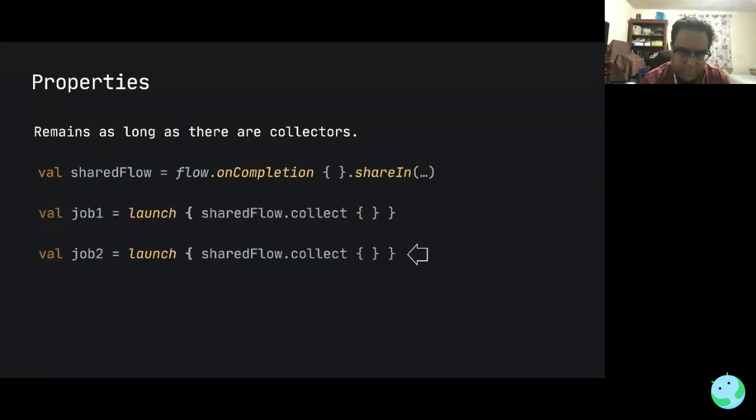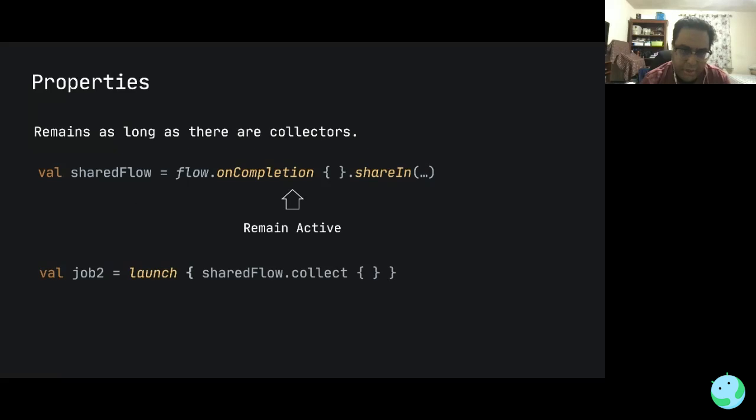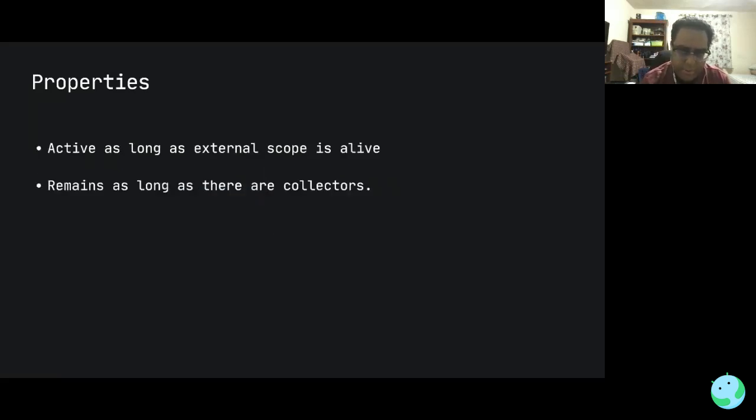Suppose you had two subscribers, two references to the job, and I cancel only one of them. It will not call the onCompletion block yet, because you still have one subscription, and the flow will remain active. So those are the two properties to be aware of when using WhileSubscribed.